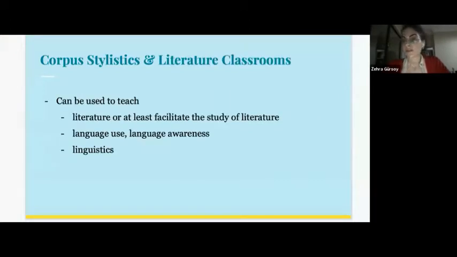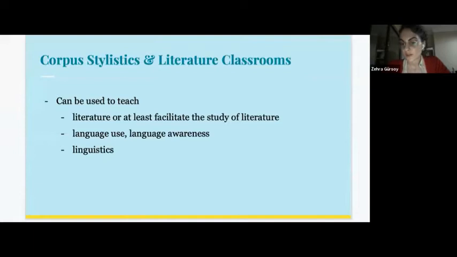So what about corpus stylistics and the literature classroom, and why does corpus stylistics have a place in literature classrooms? Although students might have numerous study styles, stylistics can be used to teach literature or at least facilitate the study of literature or the study of linguistic creativity more broadly understood.